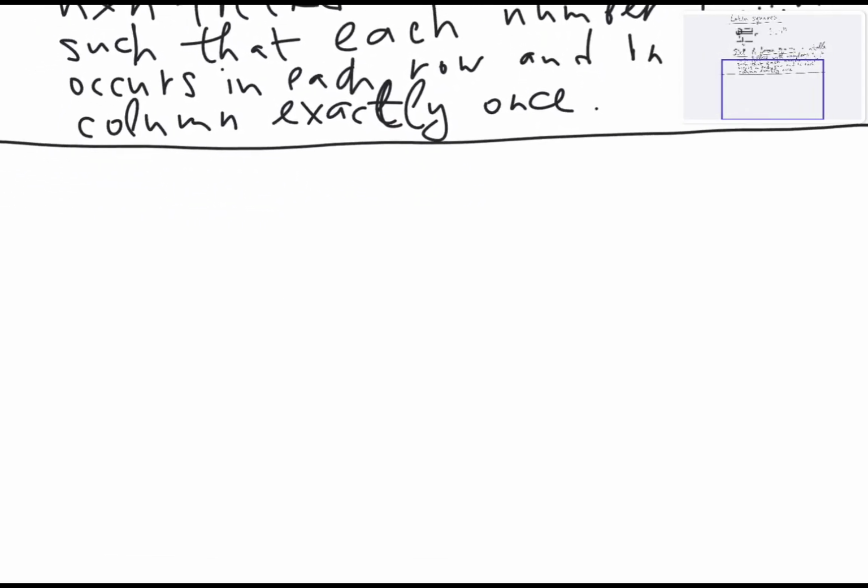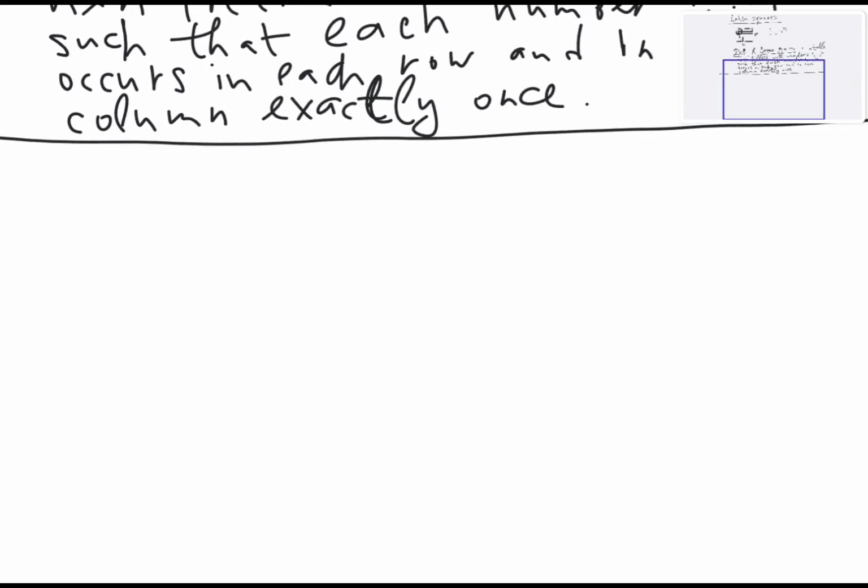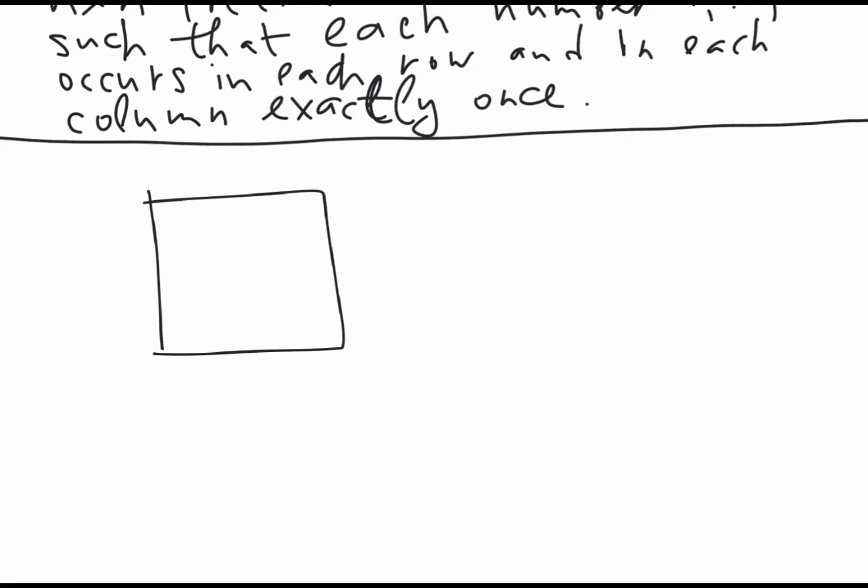So first let's consider an example, right? If we have a table, let's say first 2 by 2, the simple example is that if you put 1 here, there is no other way than to put 2 here, then here must be 1 because 2 is already in this column.